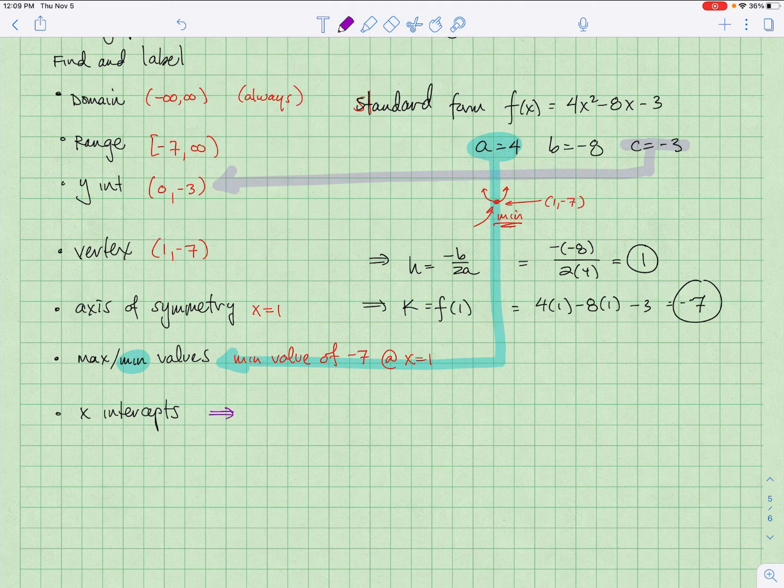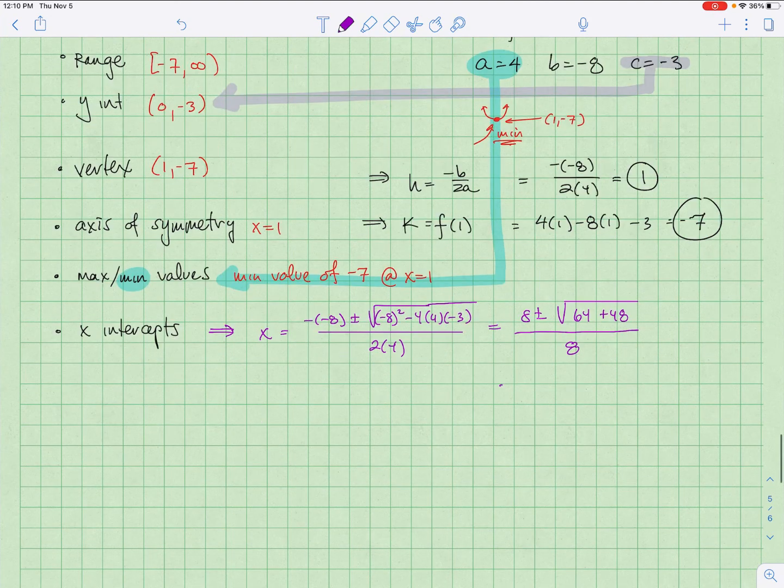Let's just do that. x is equal to negative 8 plus or minus the square root of negative 8 quantity squared minus 4 times 4 times negative 3, all over 2 times 4, which is 8 plus or minus the square root of 64 plus 48, all over 8.